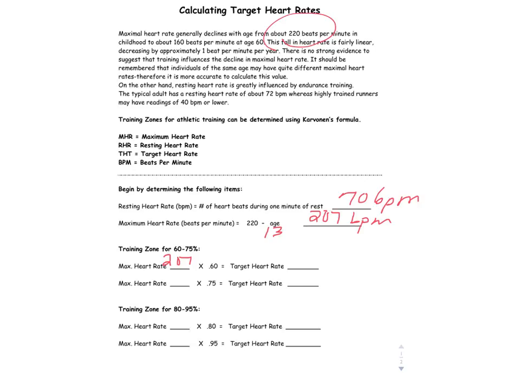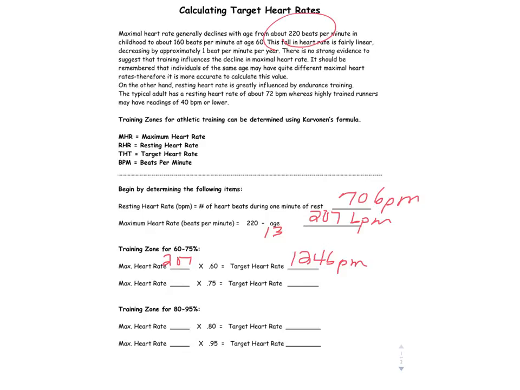So you're going to take your maximum of 207 and multiply it by 0.60. If you do the math, you are going to come up with 124 beats per minute. And you can round, which I did. We just use 124 beats per minute, and that was for the 60% intensity.